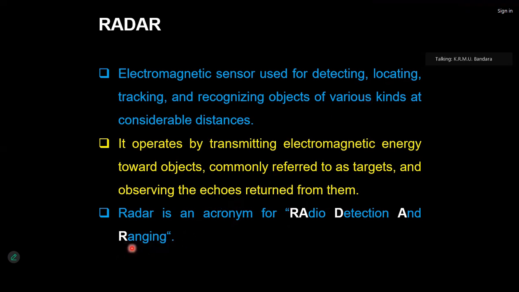After finding out the distance, we can locate the object. So radar is an acronym: we use the radio wave to detect the object, and ranging means finding out the distance from the object to the sensor. That is what we are doing in the radar system.